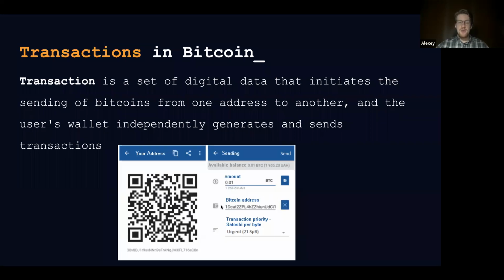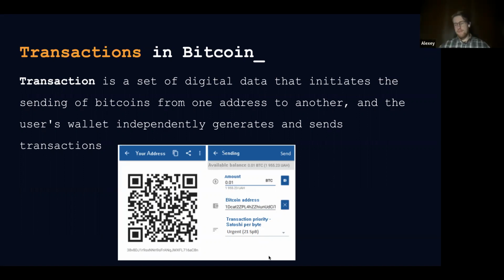We are sending it to this address and also specifying the transaction priority, basically how many Satoshi, and Satoshi is the smallest accounting unit in Bitcoin, kind of like a cent or euro cent. So how many Satoshis we are willing to pay per byte in our transaction.